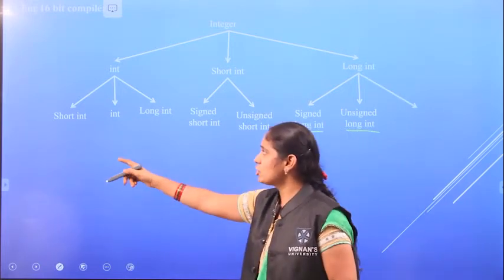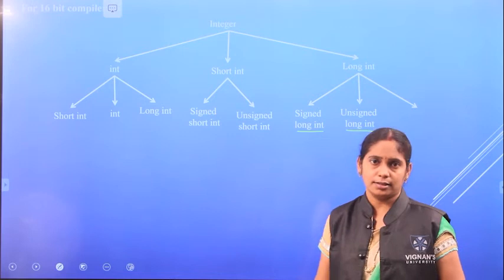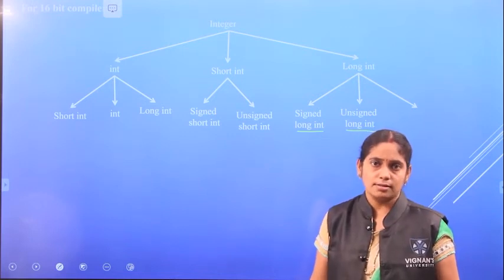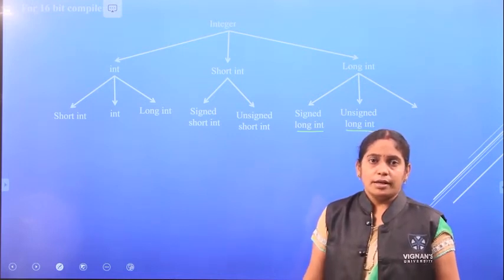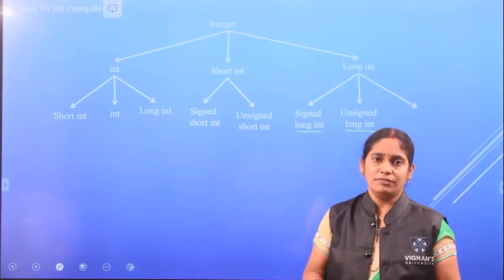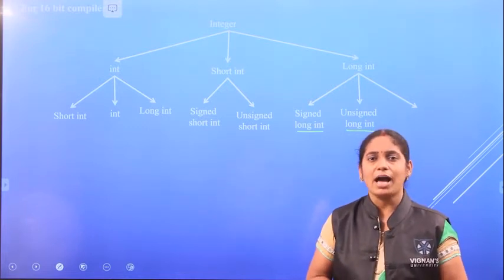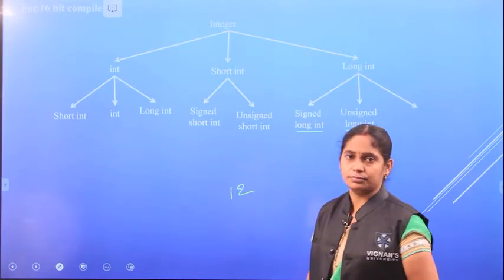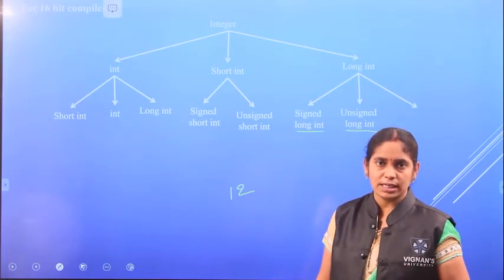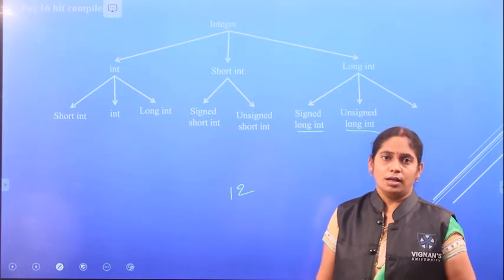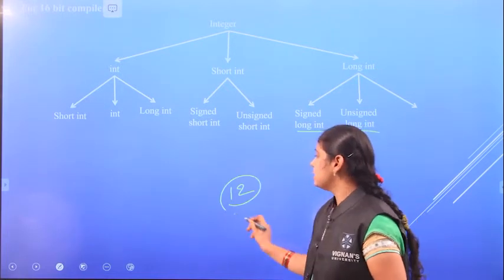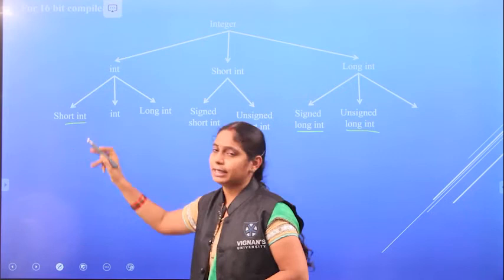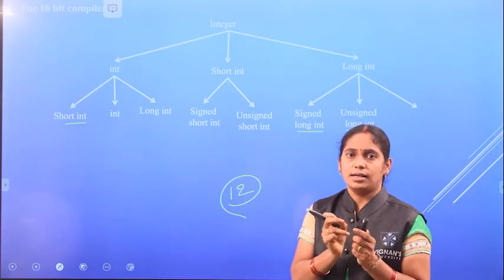What is the need of this short int and long int? Because if you want to store much information, with so many bits in the data. For suppose you simply want to store the data 12. It is a simple 2-digit number. In such cases, we can take a short int because this value is small.